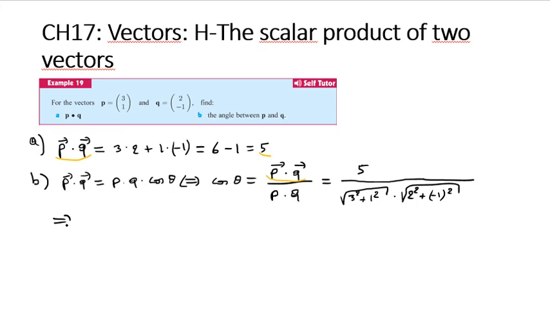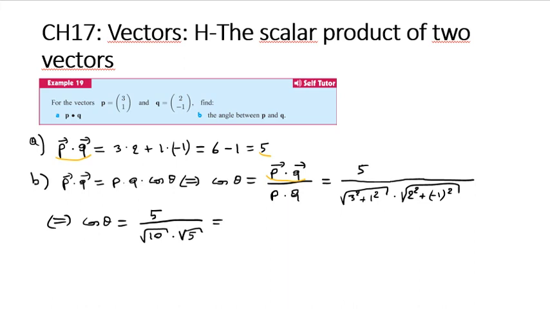So the cosine of theta is equal to 5 over the square root of 3 squared is 9, plus 1 squared is 1, so we have 9 plus 1, which is 10. So the square root of 10 times the square root of 2 squared is 4, minus 1 squared is 1, 4 plus 1 is 5, so we have the square root of 5 here.